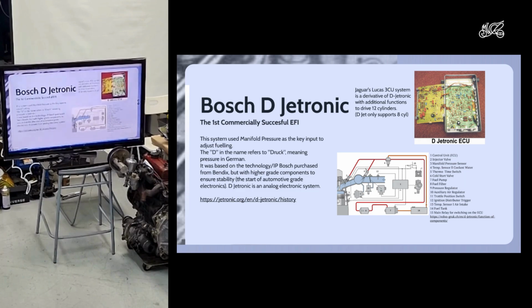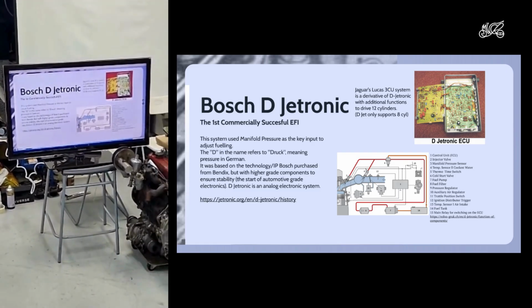And Lucas then took that to develop their first injection system, which was used in the Jag V12 in the XJS. Right? The XJS has got Lucas 4CU, I think, which is the early electronic injection system, which is a derivative of the Bosch system.